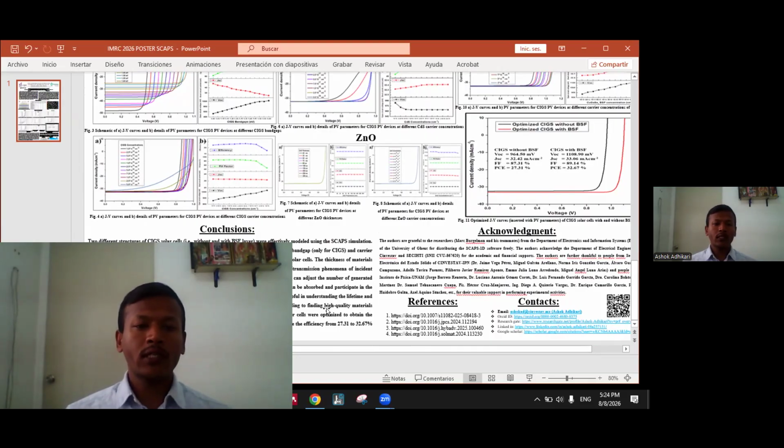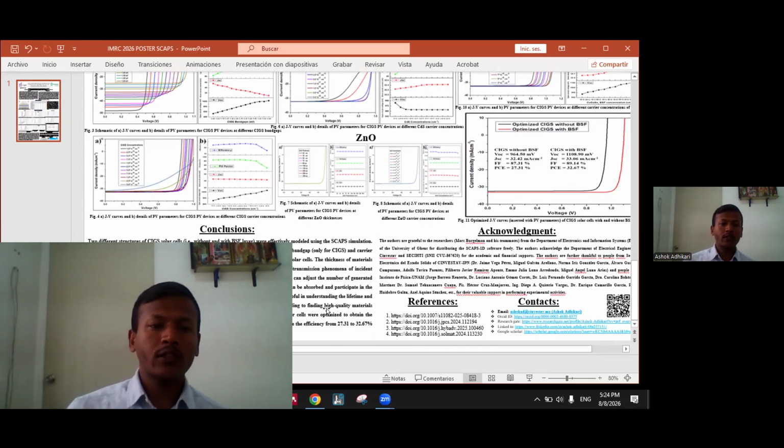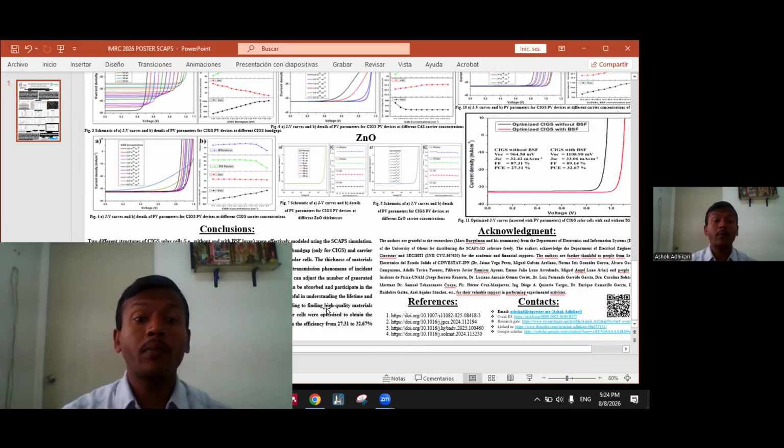The simulation study started with the optimization of material properties like thickness, band gap, and doping concentration of CIGS, CdS, and the BSF materials used in both structures of CIGS solar cells. The thickness of materials can directly impact the key parameters by varying the absorption and transmission of incident photons and the series resistance of the device.